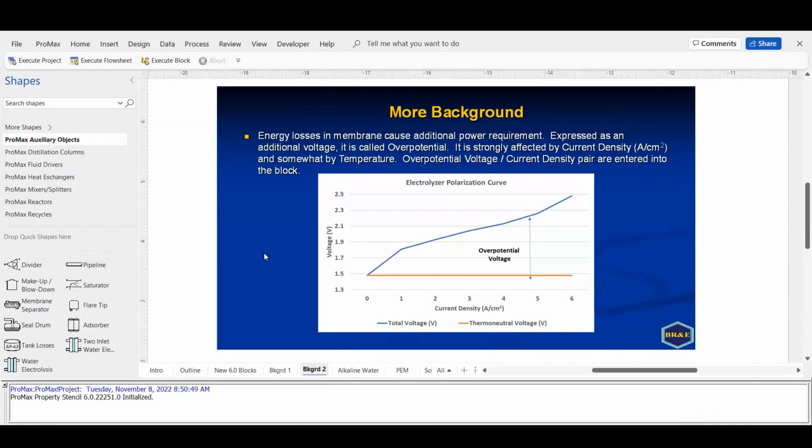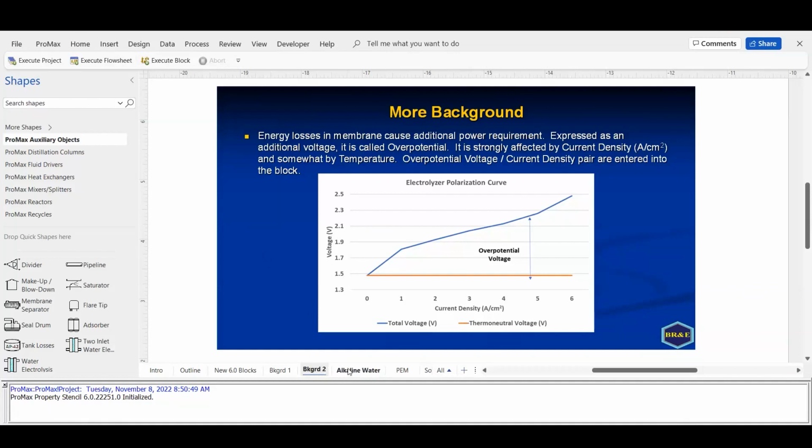That's another thing to be aware of as you're trying to get enough information to simulate your electrolyzer. So just be aware that there's the theoretical part that can be calculated by ProMax, and then there's also this calibrated or physical, experimentally measured portion that you have to consider as well.